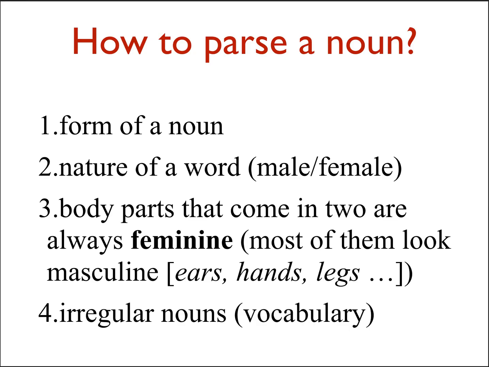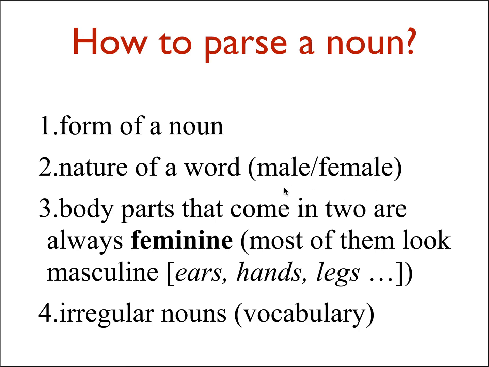How do we know whether the noun is masculine, feminine, singular, plural? First of all, we look at the form, the chart that we went over, and from that form we know whether it's feminine or masculine, singular or plural. Another thing that you can also know is by the nature of the word. Is it a male or female?